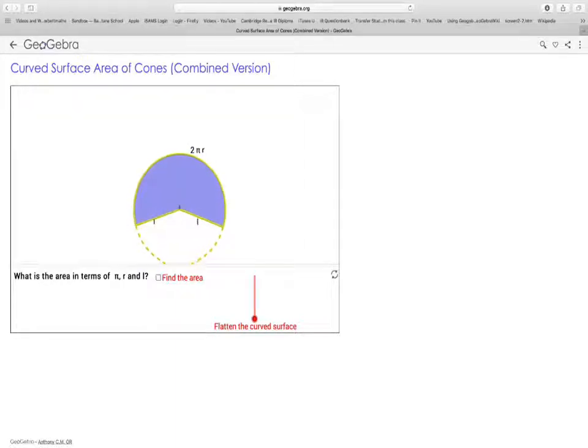Okay, we can see here it becomes a circle, but this bit here, from here round to here, was the bit that wrapped around the base of the cone.